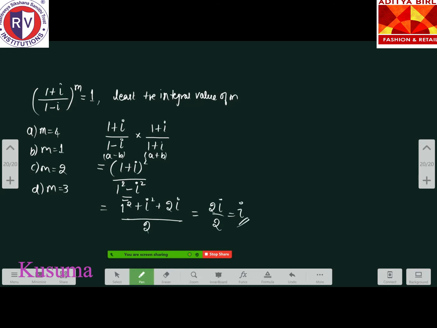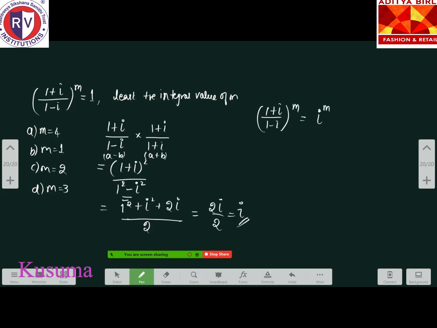So the value of 1 plus i divided by 1 minus i is i. Okay. So (1 plus i divided by 1 minus i) whole to the power of m is nothing but i to the power of m, right?